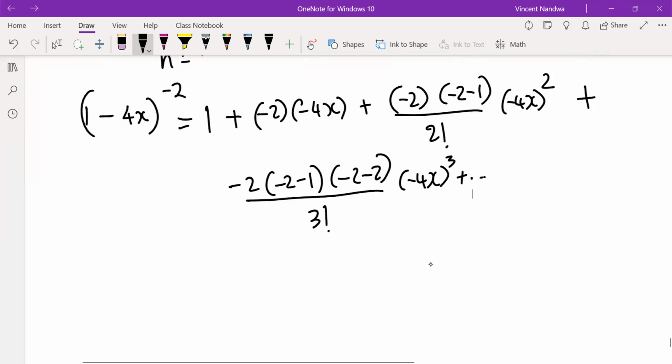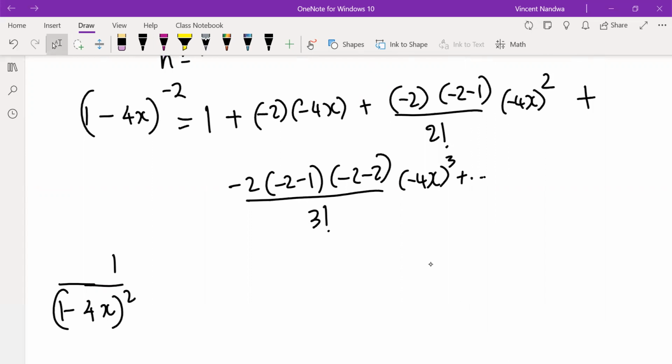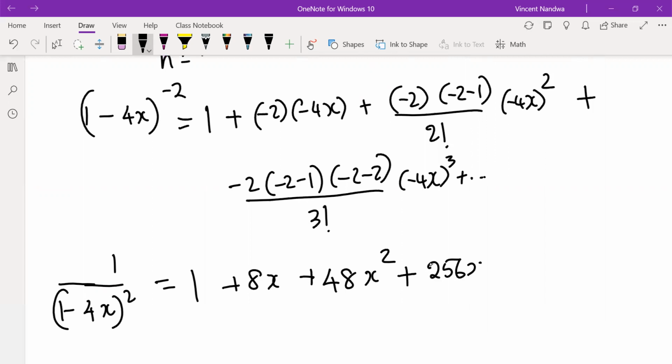So the first term will give us 1 plus 8x. When you expand this, you get plus 48x squared. This one will give us plus 256x power 3.